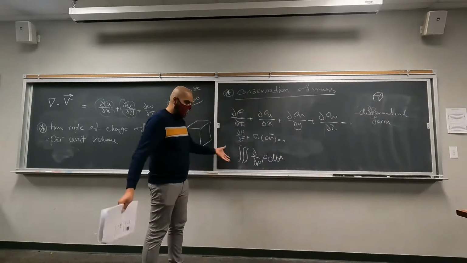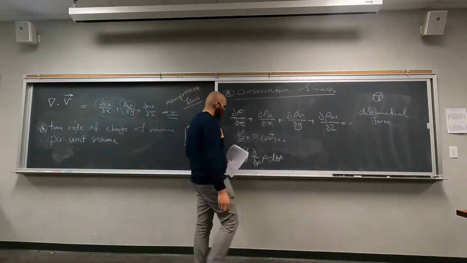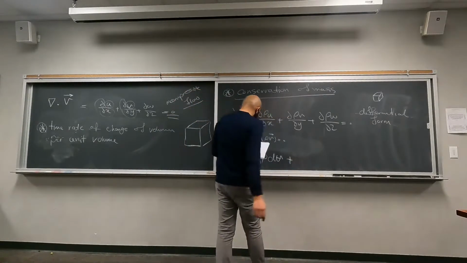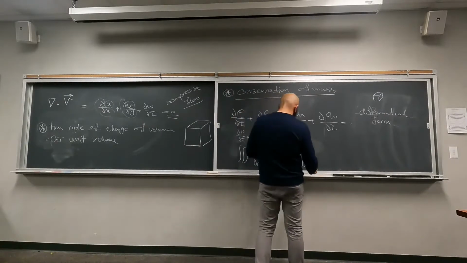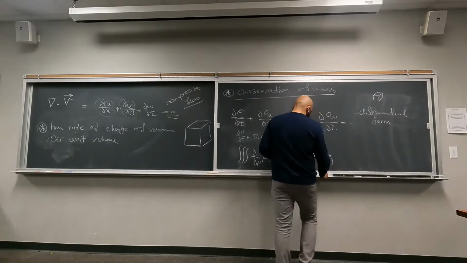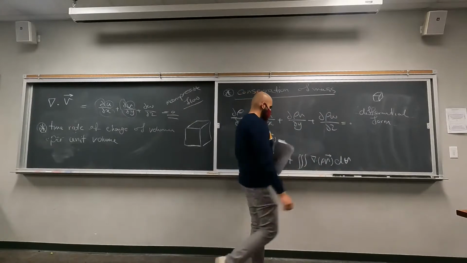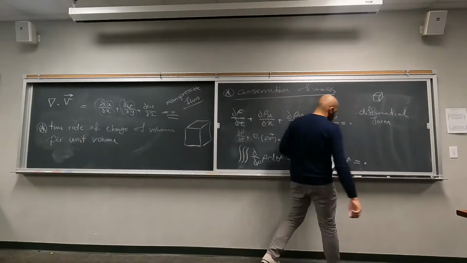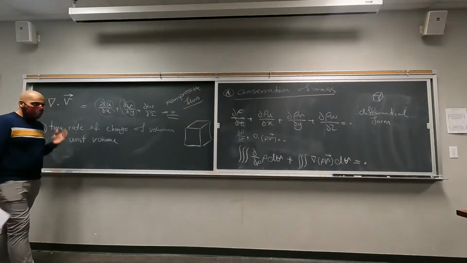So a volume integral of the changes of density with time plus another volume integral of the divergence of rho v is equal to 0. Okay, so conservation of mass.